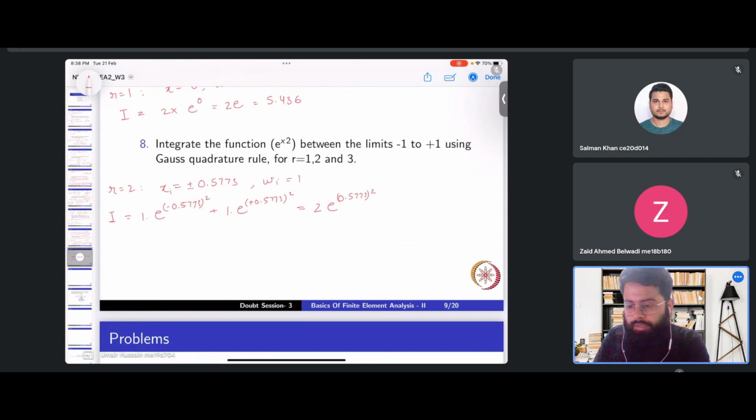2 into e to the power 0.5773 square. Oh, good. 2.791. I hope I did it correct. I'll just check.